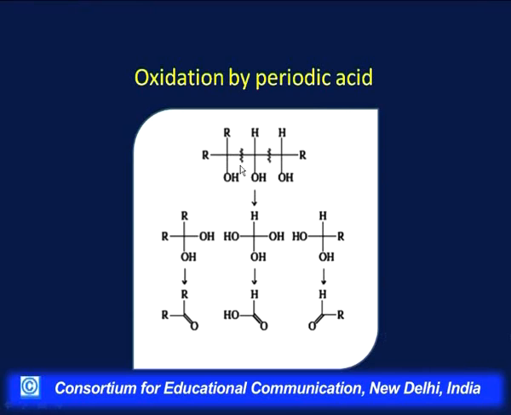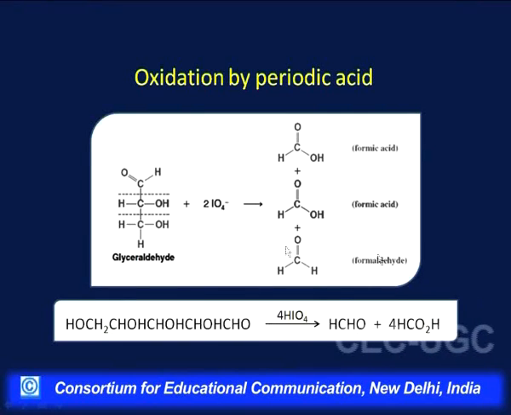This will get 1 more hydroxyl, will lose a water molecule, will be converted into a ketone, but this carbon will get 2 more hydroxyl, 1 from this side, 1 from this side, will lose a water molecule and will give us a molecule of formic acid in this case. So, the ultimate products, if there are more than 2 hydroxyls in sequence, can be that some of the molecules are oxidized into formic acid, or some aldehydes or some ketones.